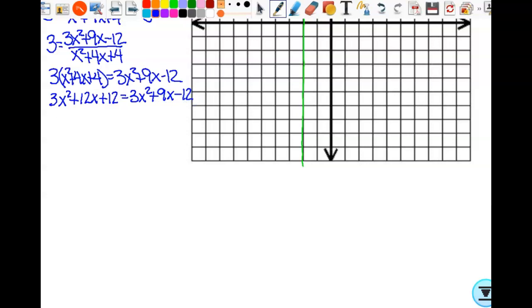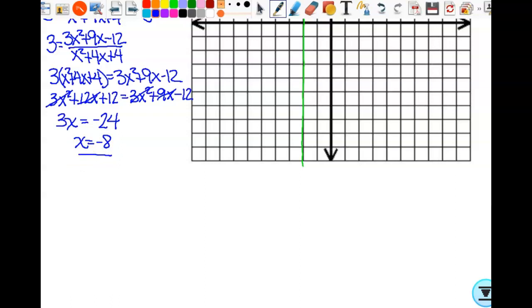Okay, so I've got 3x squared and 3x squared. If I subtract 3x squared from both sides, those zero out. I have a 12x over here and a 9x over here, so I'm going to subtract 9x from both sides, so that'll leave me with 3x. That leaves me with a positive 12 and a negative 12, so I'm going to subtract 12 from both sides, and that's going to give me a negative 24. So x equals negative 8.